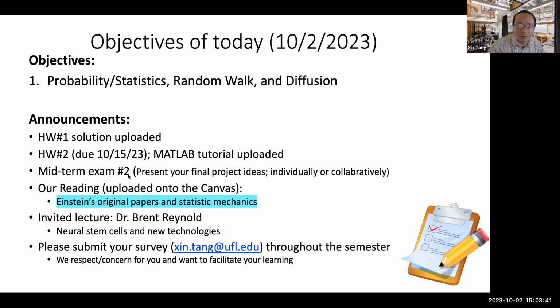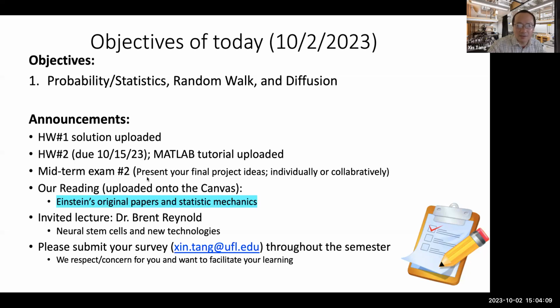Midterm exam number 2 is a chance for you to present the topics and background that you plan to work on for the project. This is an opportunity for you to examine whether the topic you selected is appropriate or not, is interesting or not, is useful or not. Okay, so that is midterm exam number 2.